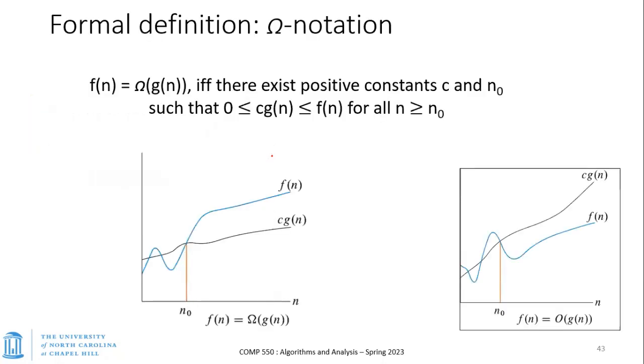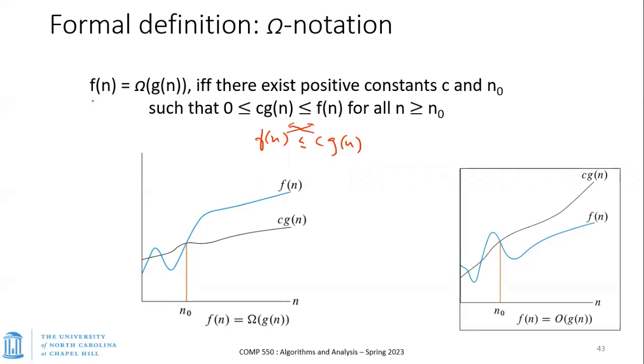It's fairly straightforward, except that now instead of being an upper bound, it's a lower bound. Earlier it was f of n less than or equal to c times g of n. Now we've simply swapped these around, and c times g of n has to be less than or equal to f of n.